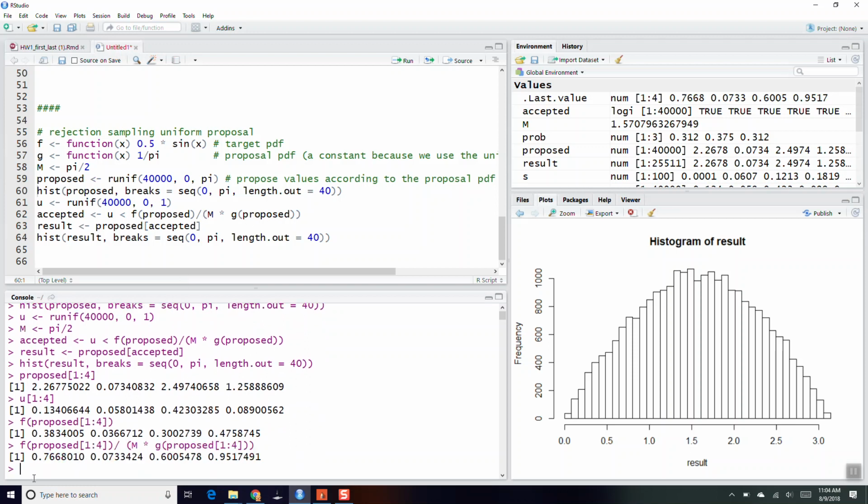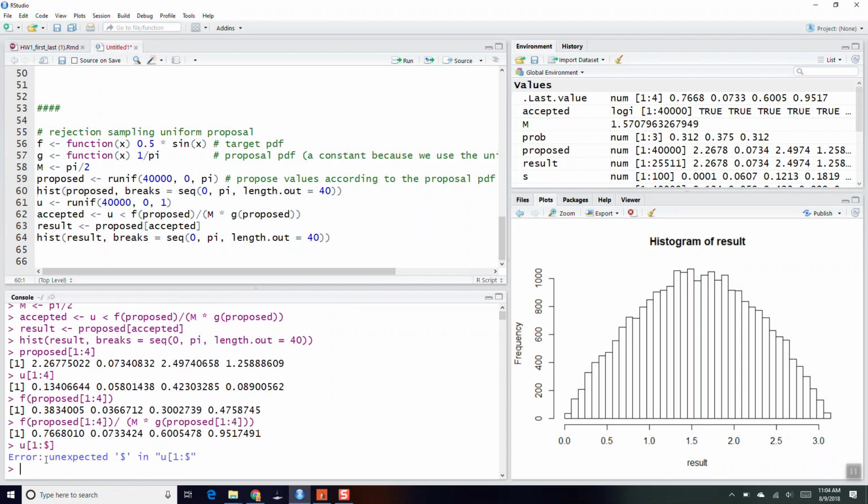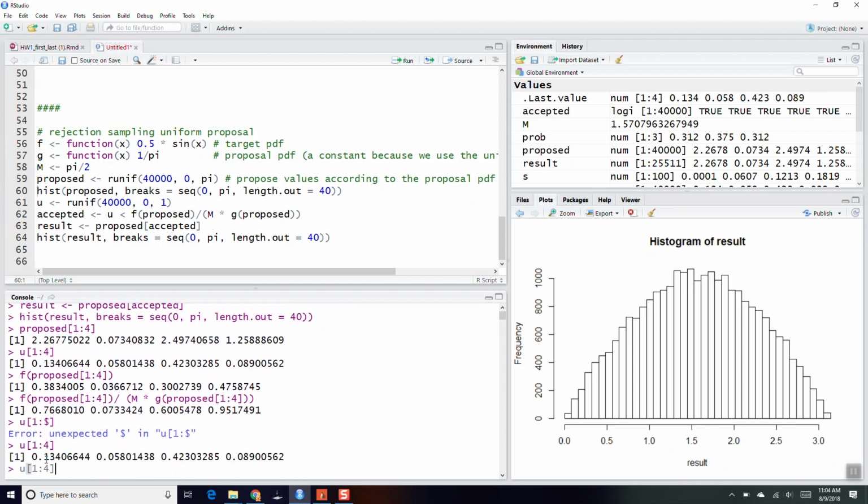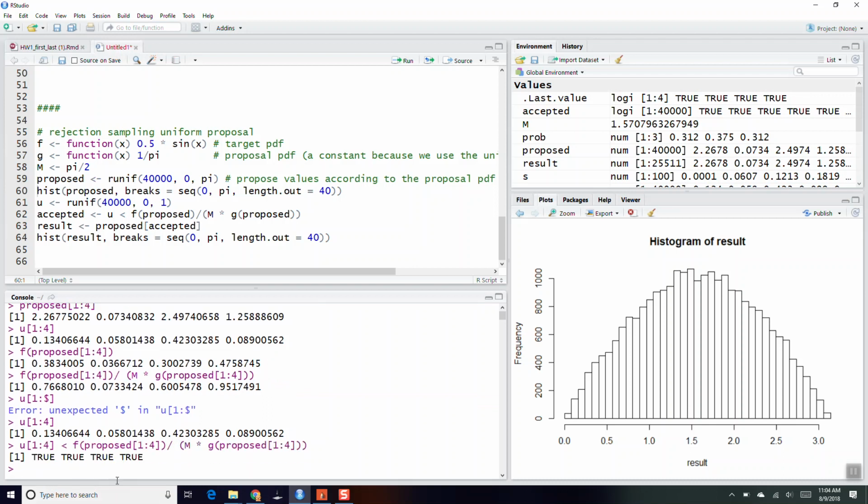Okay. So here, this is whether or not we should accept it, and we compare that to our first 4 U values. Okay. And then we say, is this smaller than these acceptance ratios? And it says they are. Okay. And because they are, these 4 values will get accepted. But later on, this may not always be true.